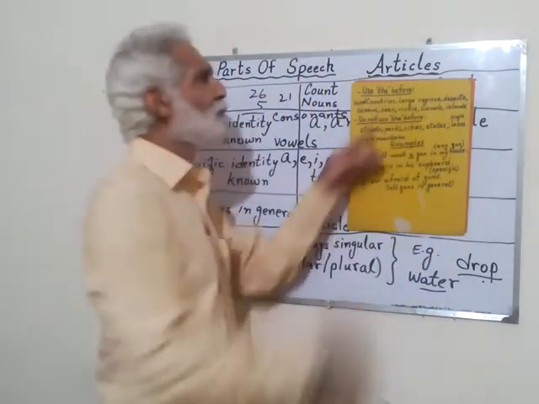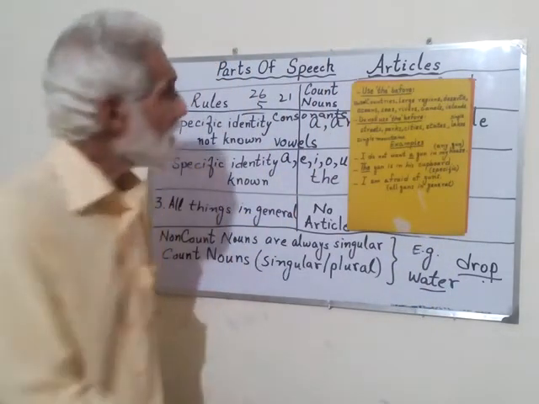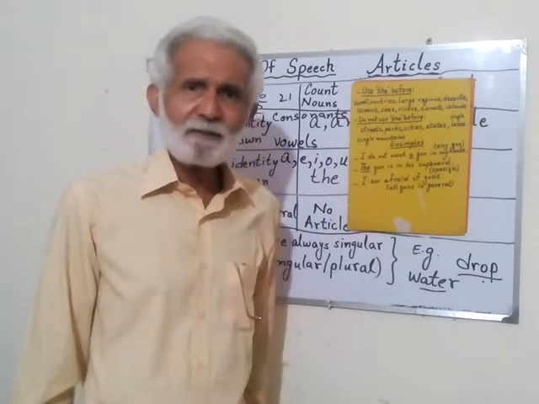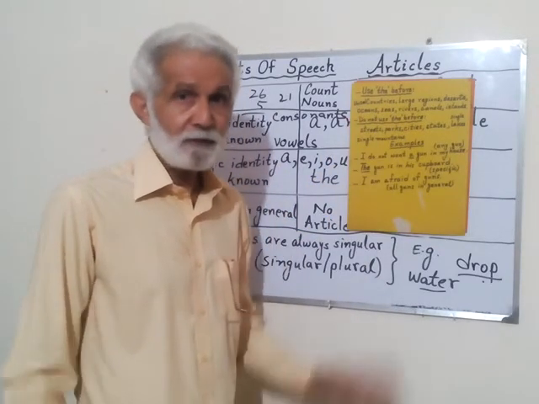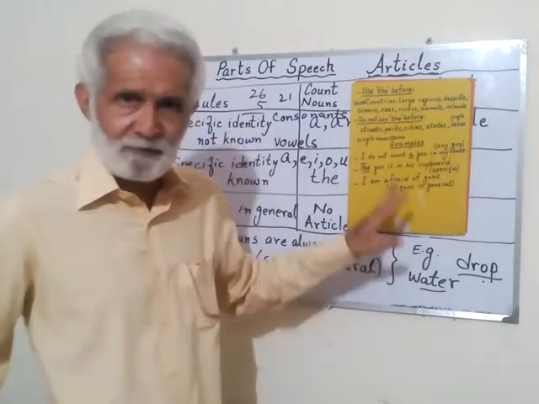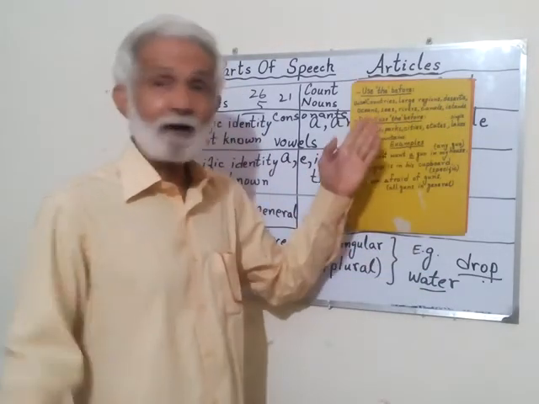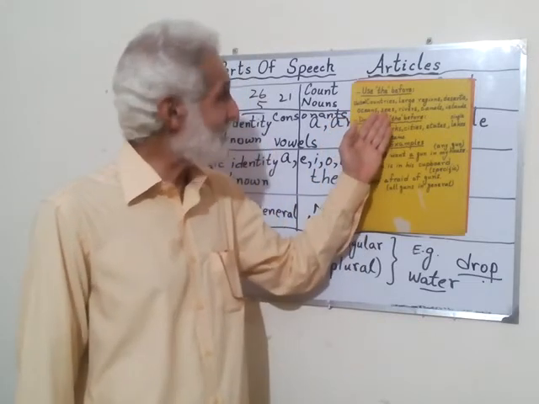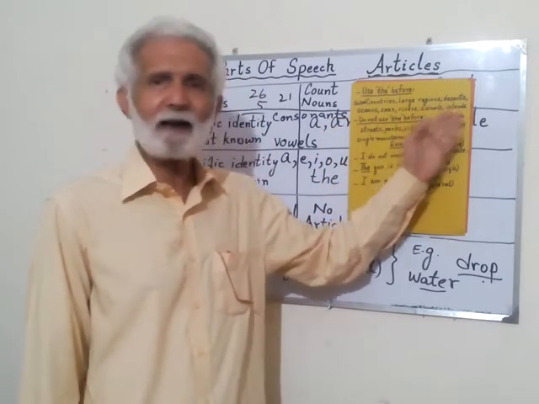And where will we use the? Use the before all United countries, the famous countries, large regions, a big region, deserts, Sahara Desert, oceans, deep seas, seas, rivers, canals, islands.